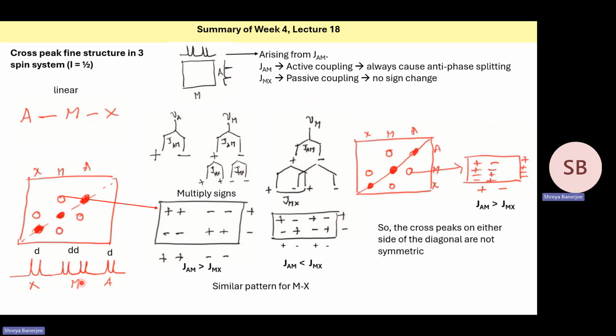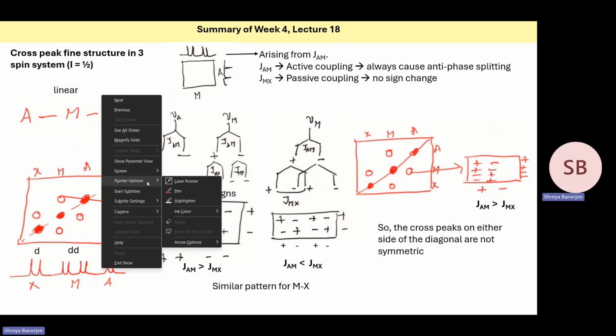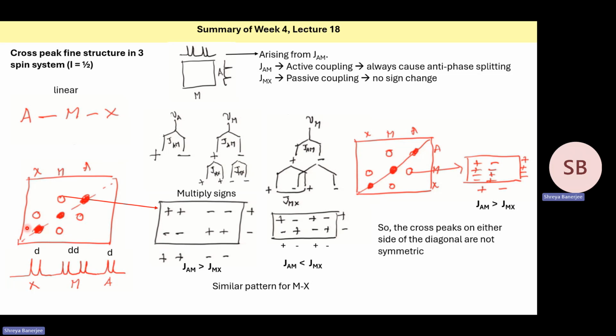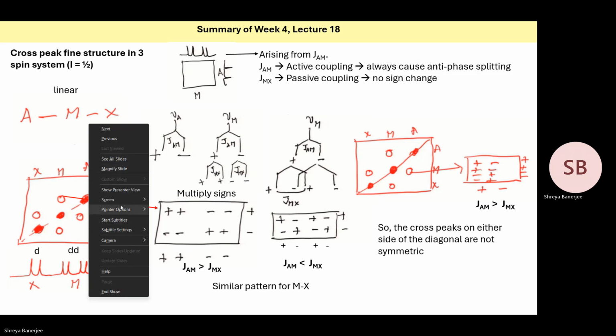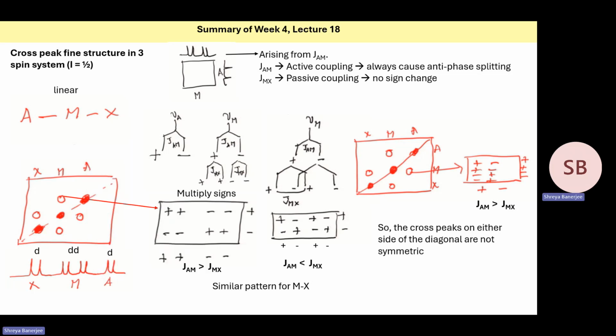Now, what will be the signs? In case of A and X, you are only getting two. Suppose we are considering how the 2D spectra will look. We'll ignore the diagonal peaks. We will have cross peaks.